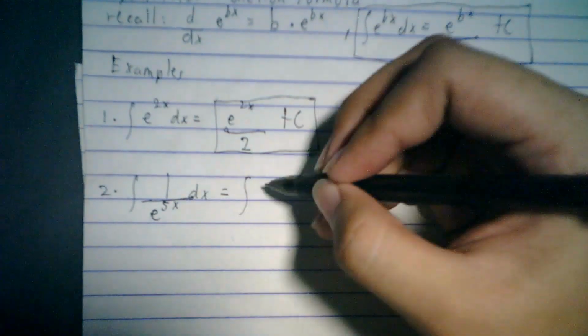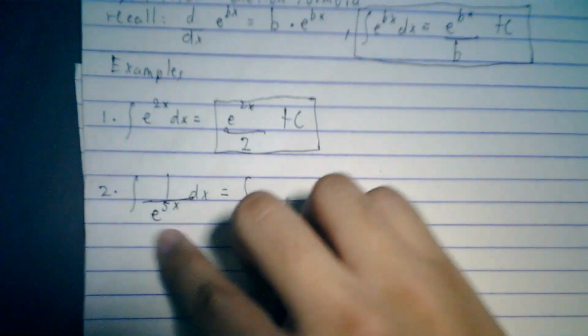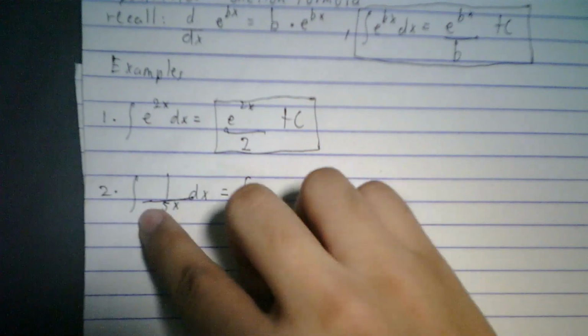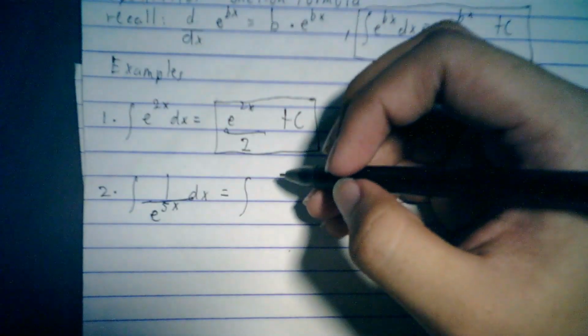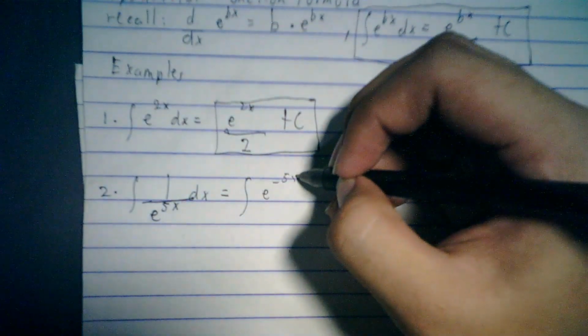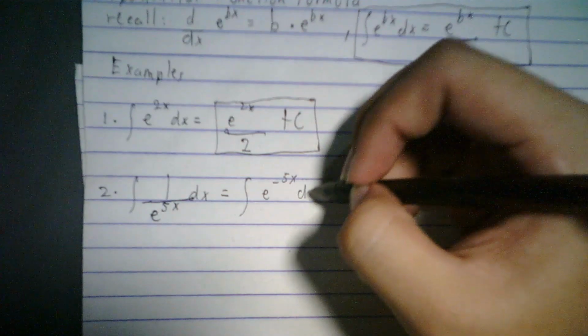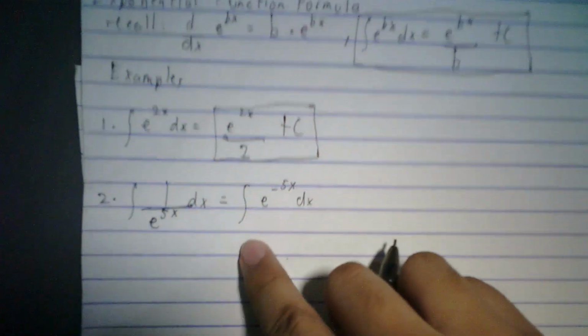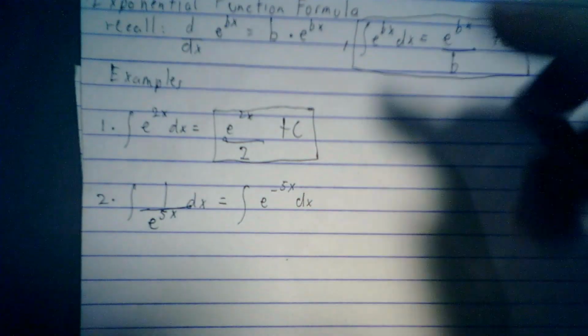So the integral of, since we move the value here, we also need to change its sign. So it's negative: e raised to negative 5x dx. Now we are ready to integrate this by using the formula.